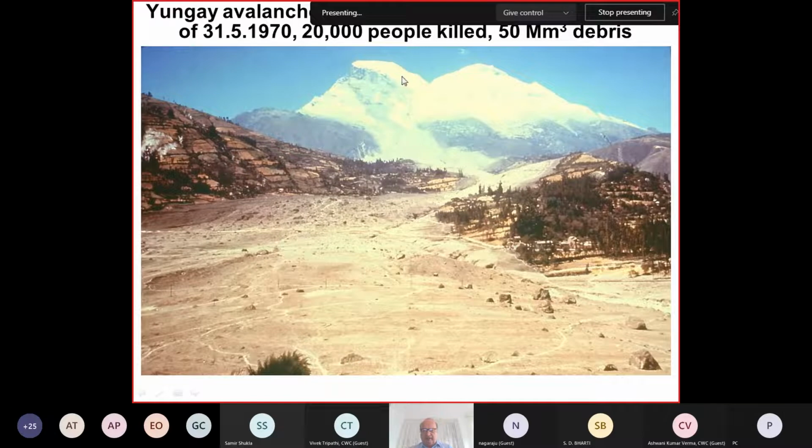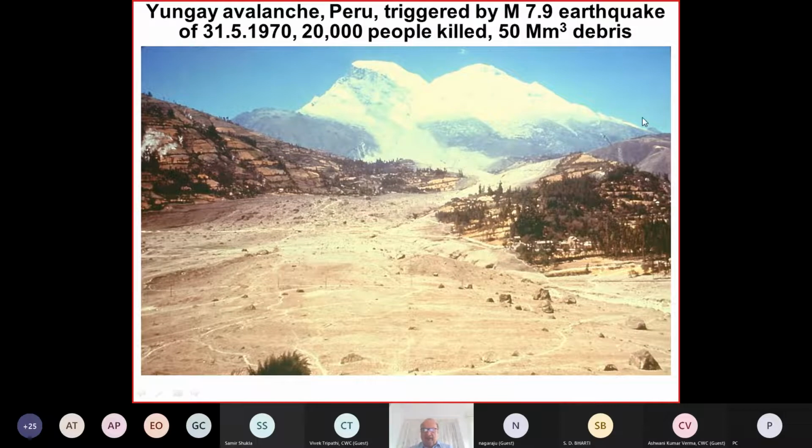So this ice fall propagated here 20 or more kilometers through this valley. It destroyed this city, and it killed about 20,000 people. Now, this is, I would say, the most destructive one.